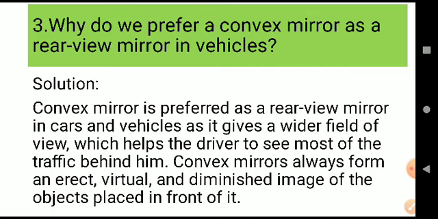So the mirror that is used in manufacturing of that rear view mirror is of convex nature. So the question is, why not concave nature? Why do we prefer convex nature?